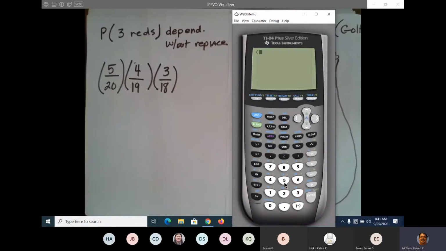Parentheses, 5 divided by 20, times, parentheses, 4 divided by 19, times, parentheses, 3 divided by 18. And enter. And look at this, 0.00877.